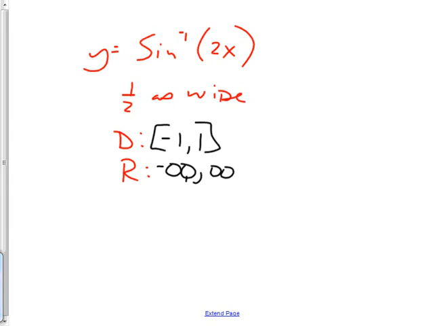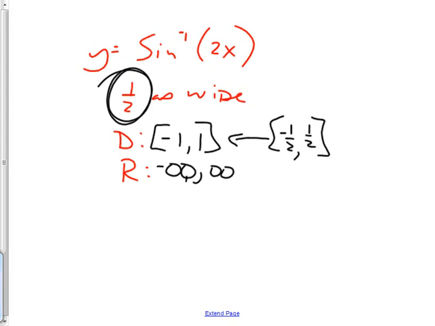But now this is the hard part, it's half as wide. This one is all about the width. So that's what we got to change. And it now has to be half as wide. So instead of going all the way over to 1, now it's only going to go over to a half. And instead of going all the way to negative 1, it's only going to go to negative a half, exactly. Negative a half to a half. So my domain just got half as wide as it used to. You get it?